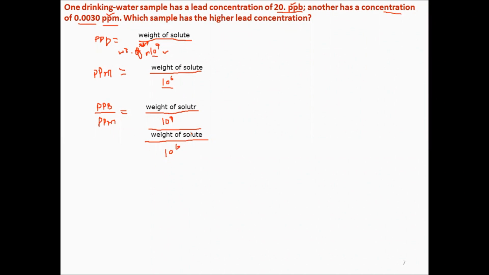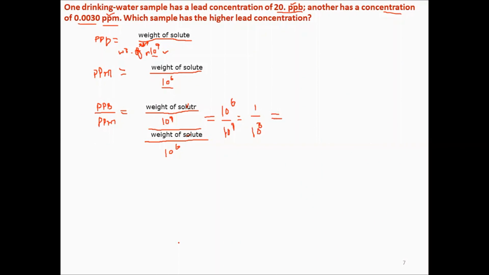Now weight of solute gets cancelled, so 10 raised to the power 6 will go upward, so we can write it as 10 raised to the power 6 divided by 10 raised to the power 9, and if you solve it, it will be 1 divided by 10 raised to the power 3. So we have ppb divided by ppm is equal to 1 by 10 raised to the power 3.